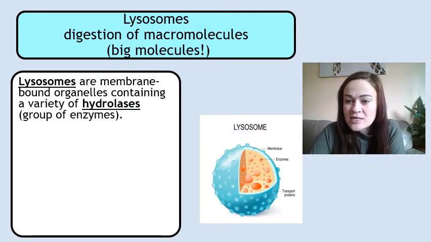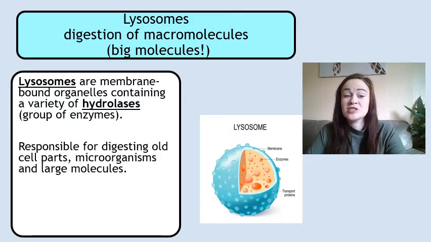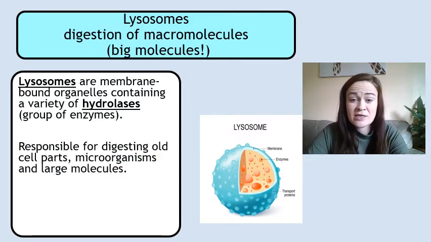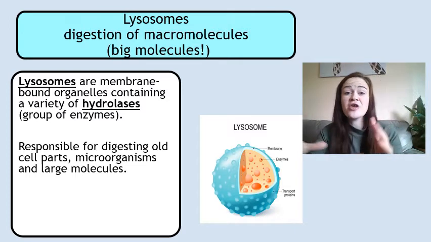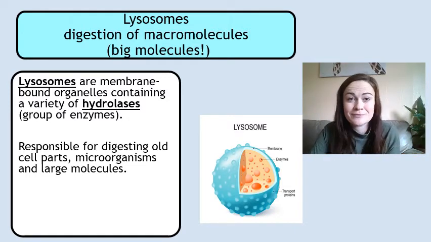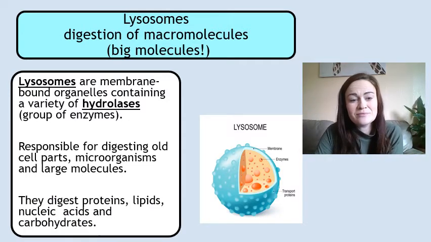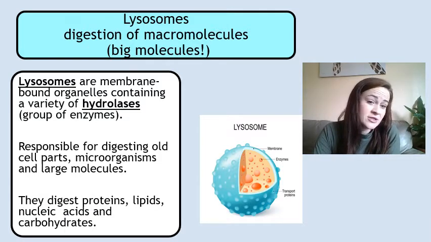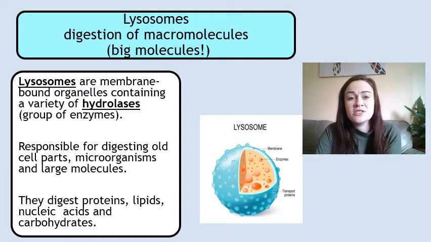These enzymes are responsible for digestion of any of the big molecules. So they are the cleanups of the cell. They can digest anything from proteins to lipids to nucleic acids to carbohydrates.